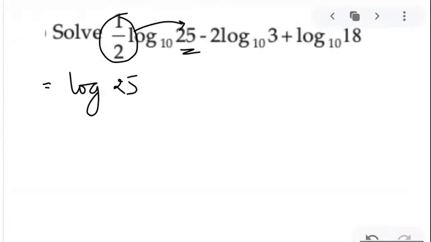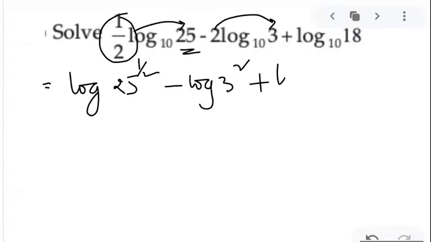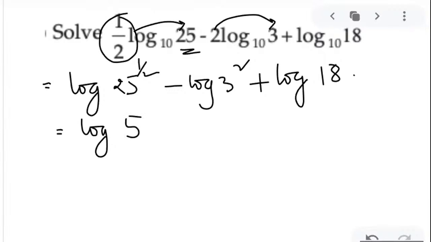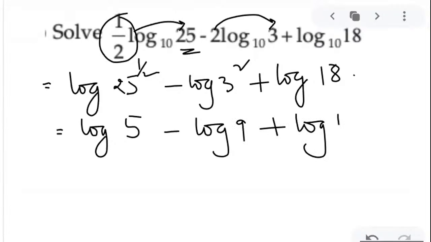So this is 25 whole power 1 by 2 minus, this also will go to the power, minus log 3 square plus log 18 will be as it is. 25 power 1 by 2 is log root of 25, right? Root of 25 is 5 minus log 9 plus log 18.